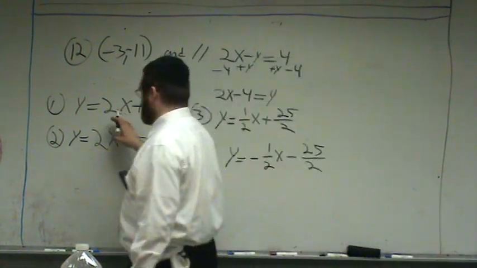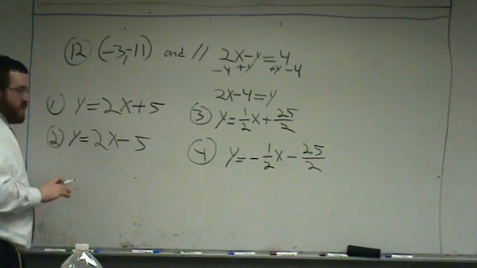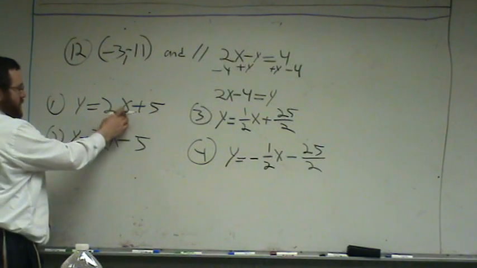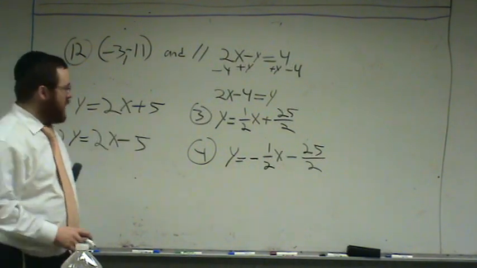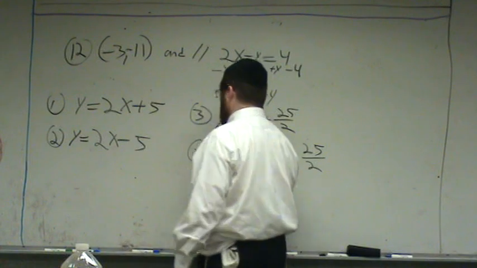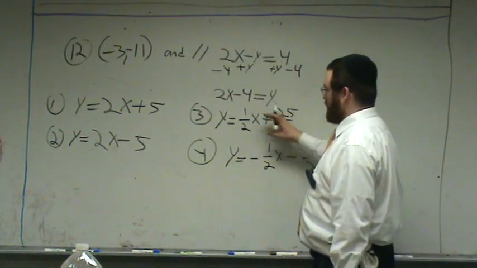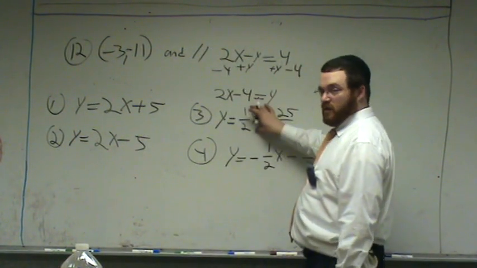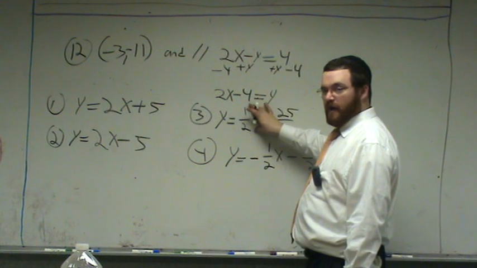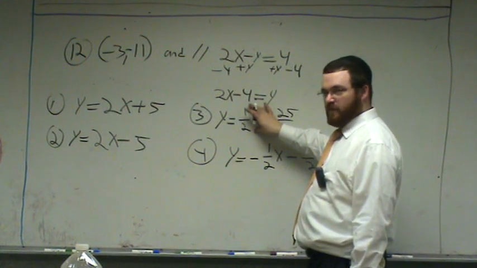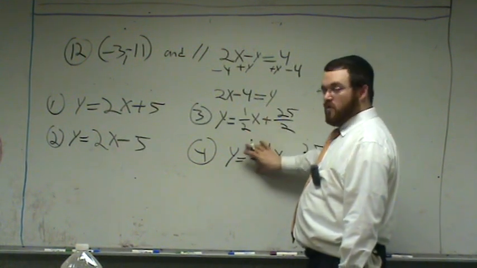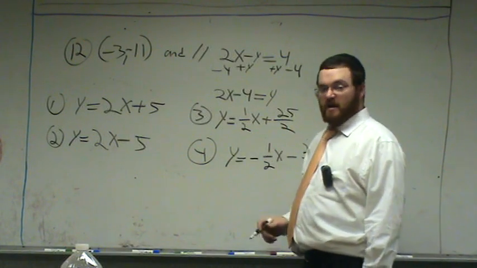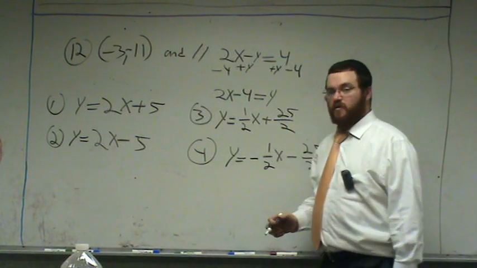Answers 1 and 2 have the same slope because x is being multiplied by 2. In answer 3, x is being multiplied by a half. And in answer 4, x is being multiplied by a negative half, and that's a line that would be perpendicular.